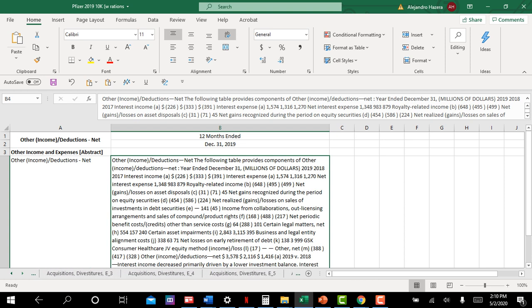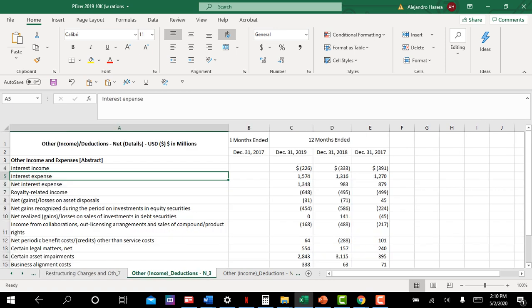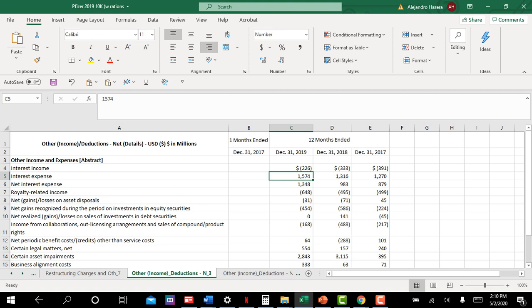Now you see all your worksheets considering all the acquisitions that have been done, giving you detail probably on each acquisition. Let's keep going out here, and you see other income deductions N3. And there it is. There's my 1574.